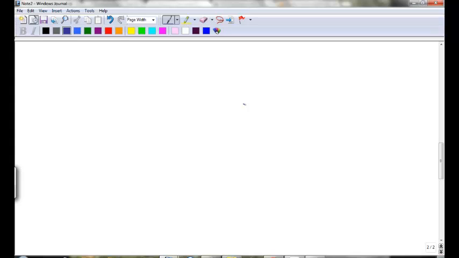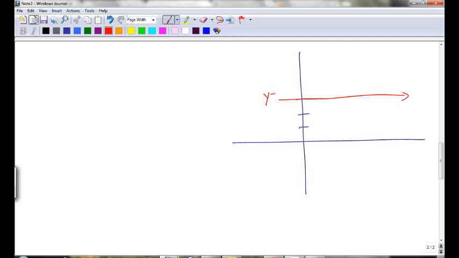So picture-wise, let me draw a little sketch. Here's y equals 3, and y equals 1, and then we've got something like this.